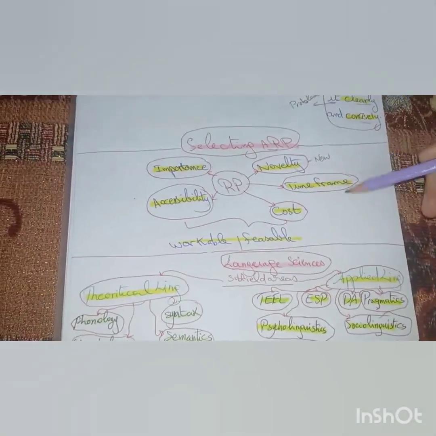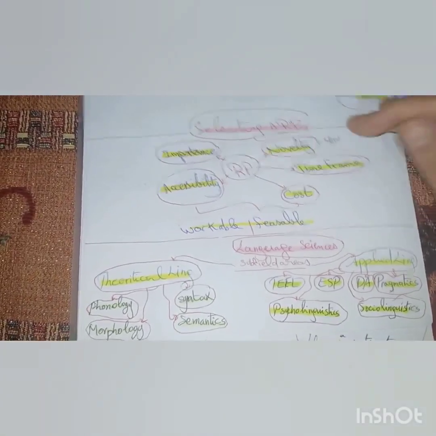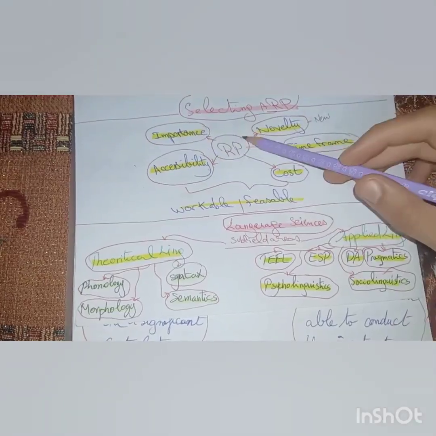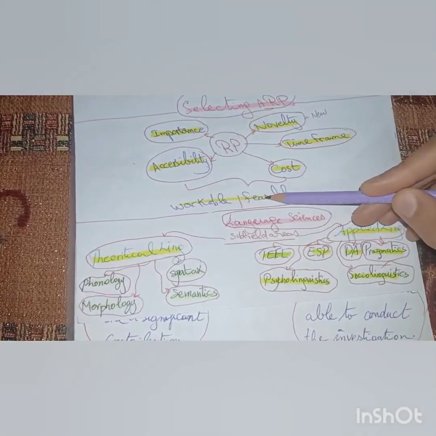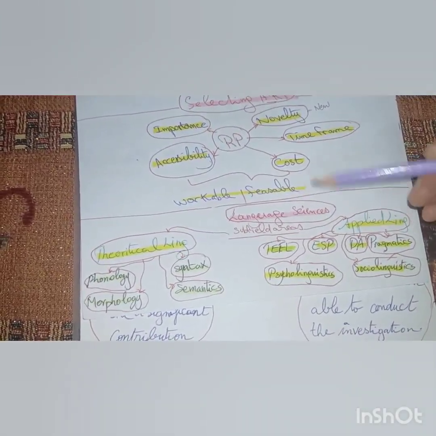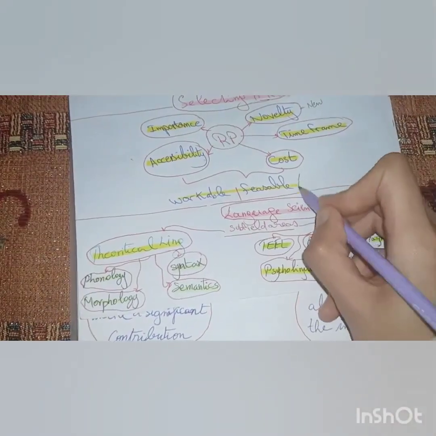Novelty: is it new, for example? And then we look to something else. All of this is to make your research problem workable and feasible, or we can say doable.